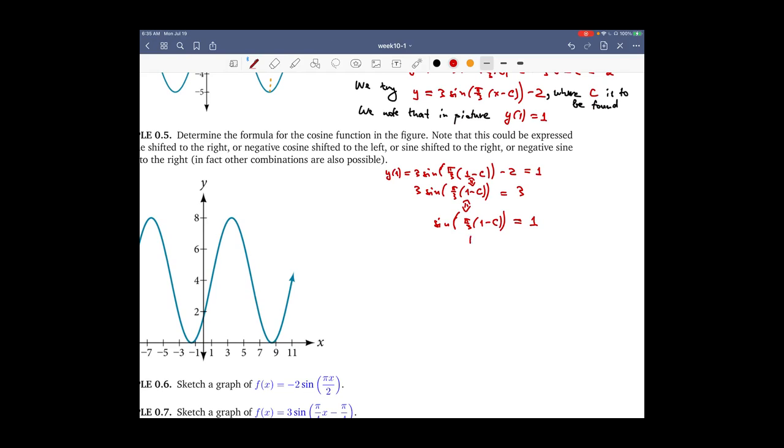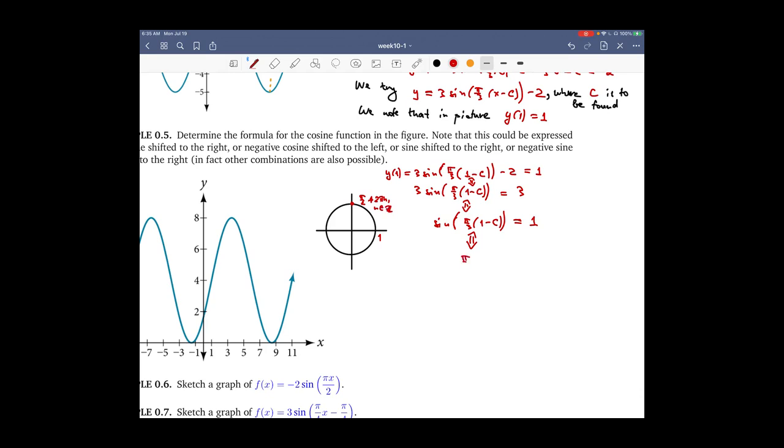And that is logically equivalent if you think about when sine equals 1. On the unit circle, sine is equal 1 only at this point, and this point is pi over 2 plus any integer multiple of a full revolution. So pi over 2 plus 2 pi n, where n is an integer.